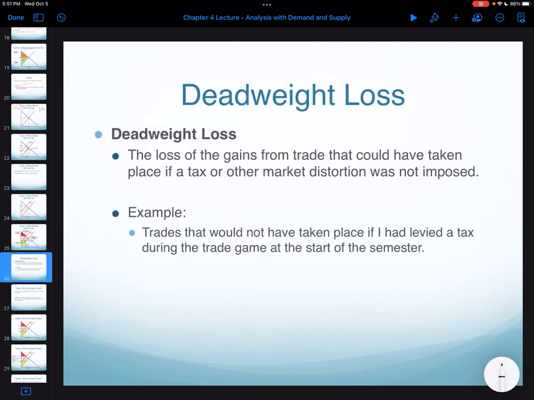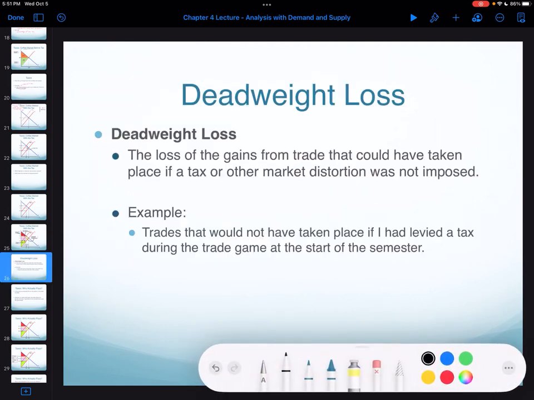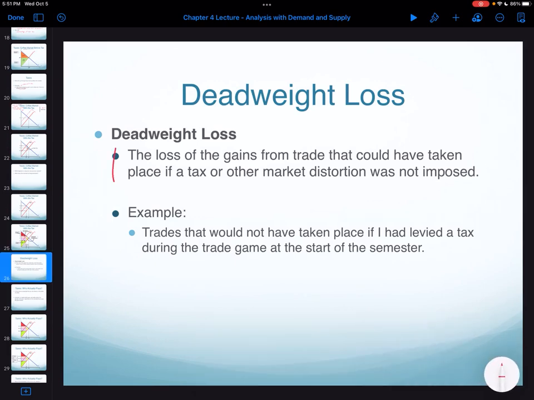Deadweight loss is the loss of the gains from trade that go away in response to the tax, right? We say a tax or other market distortion. There's other things in a market that could lead to deadweight loss, right? But what happens is, because that tax is implemented, it means the price for the buyer goes up. If the price for the buyer goes up, it means the buyer is going to consume less, right?